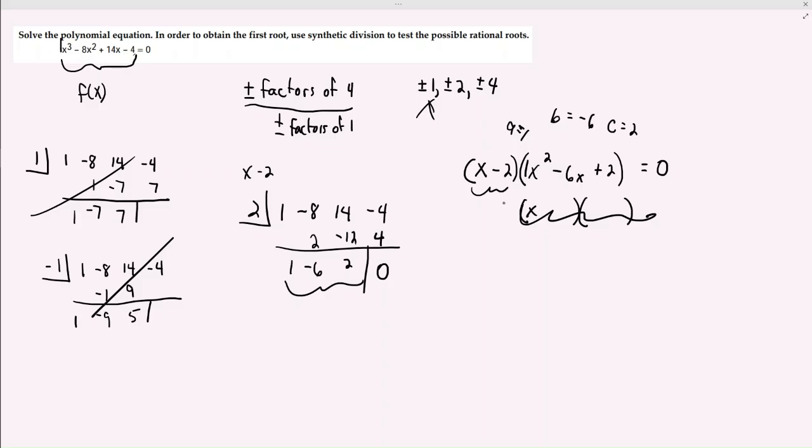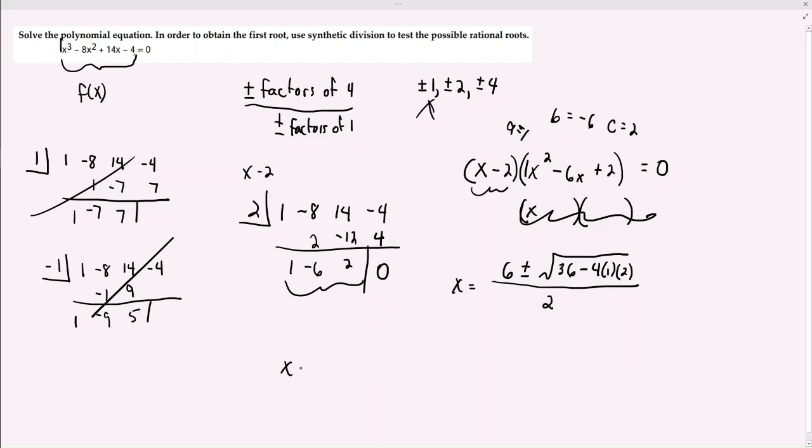So to get the rest of our solutions to this, we're going to say x is equal to negative b, so that's going to be negative 6, otherwise known as 6. And then in here we're going to get b squared, so negative 6 squared is 36 minus 4 times a times c, and all that goes over 2a, so 2 times 1.